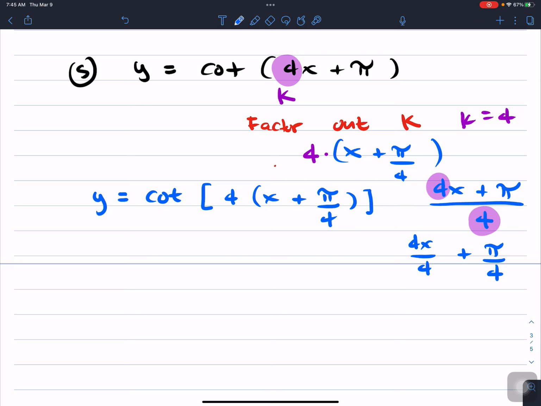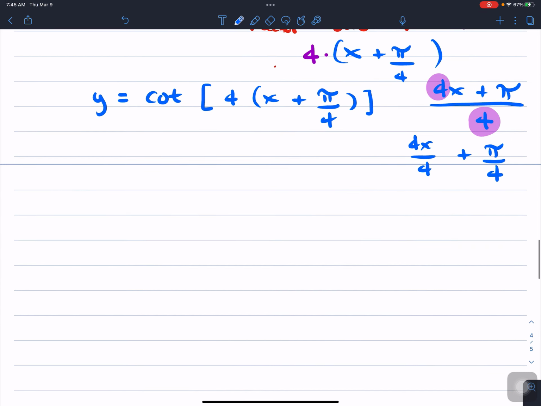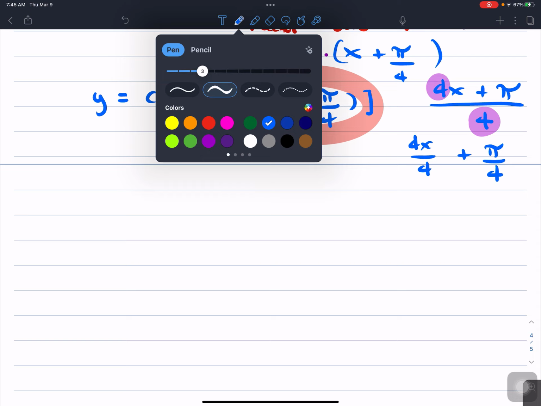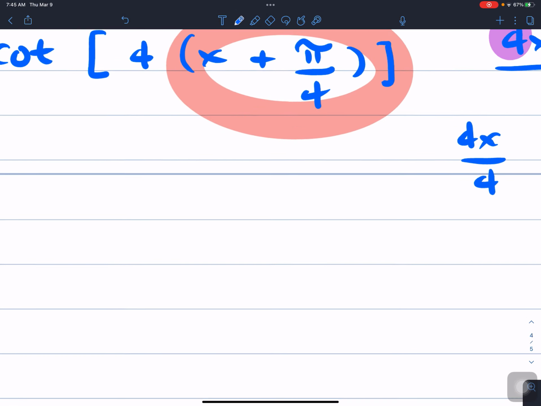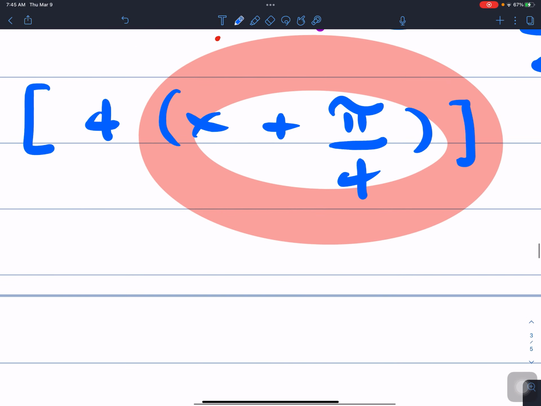You guys okay with that? That's why we did that factoring yesterday. A little bit about that factoring. What do you guys think you do here? You can't have plus. You need minus, don't you? So you have x minus a what? Minus pi over 4.